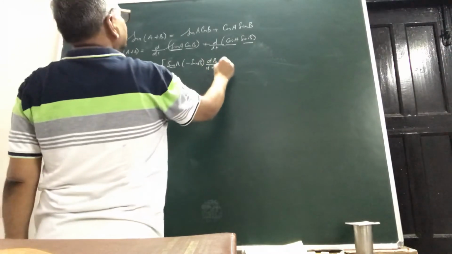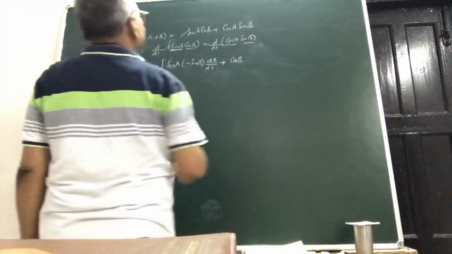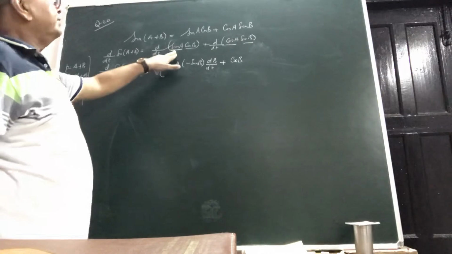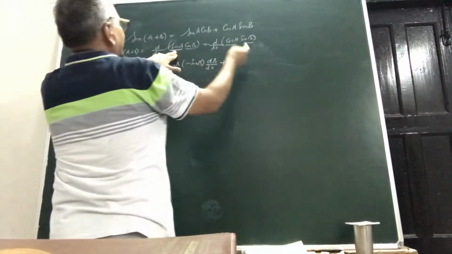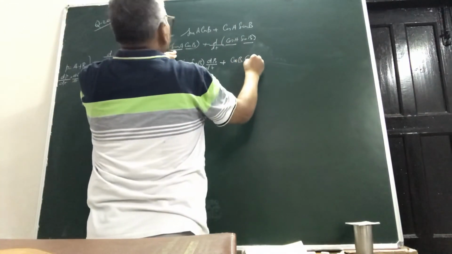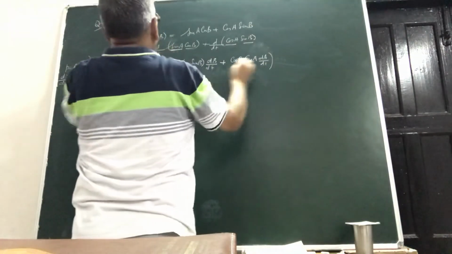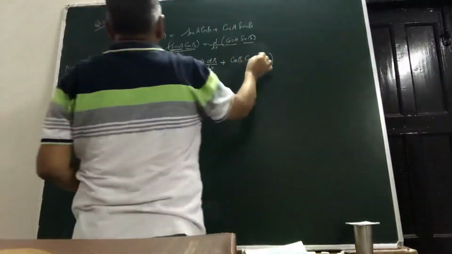Plus the second function, cos B, into the derivative of sine A. Sine A is to be differentiated with respect to A first, and then A is to be differentiated with respect to t. So this will give me cos A into dA by dt. This is what I obtain for this derivative.